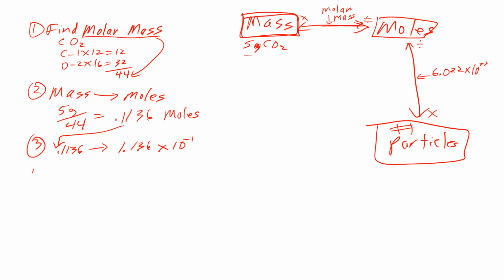And then step 4, let's look at the chart and see where we are. We're right here at the moles box. We now have 1.136 times 10 to the -1st moles of carbon dioxide. And I want to see how many particles that means. So 1.136 times 10 to the -1st in parentheses multiplied by Avogadro's number, 6.022 times 10 to the 23rd.